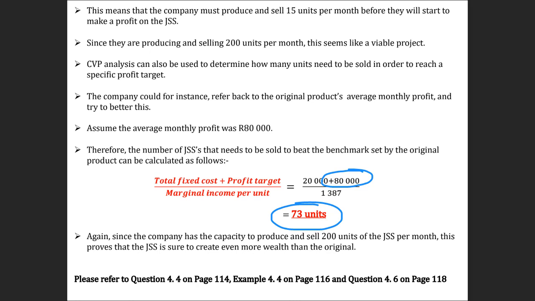So please have a look at question 4.4 on page 117 of your textbook. Please make note of it, question 4.4, page 117. Please attempt this, and I will also go through it with you in the next lecture, and I'll also go through example 4.4 in the next lecture.